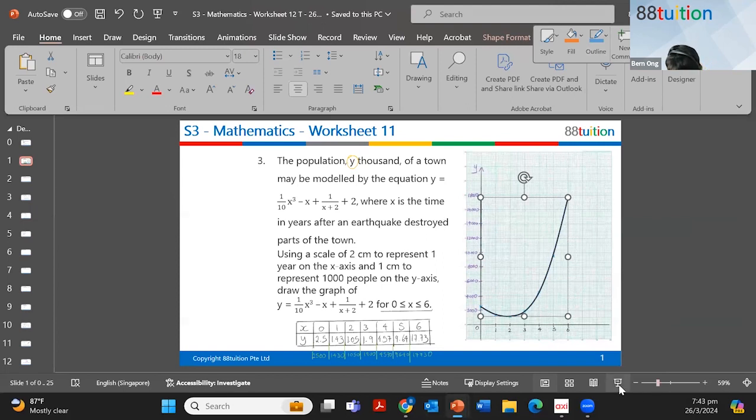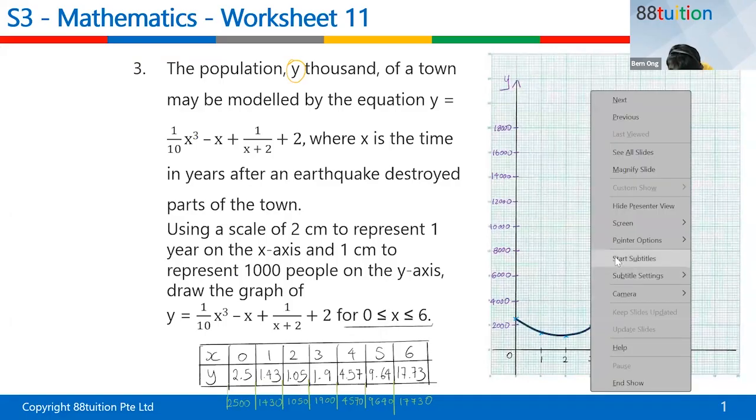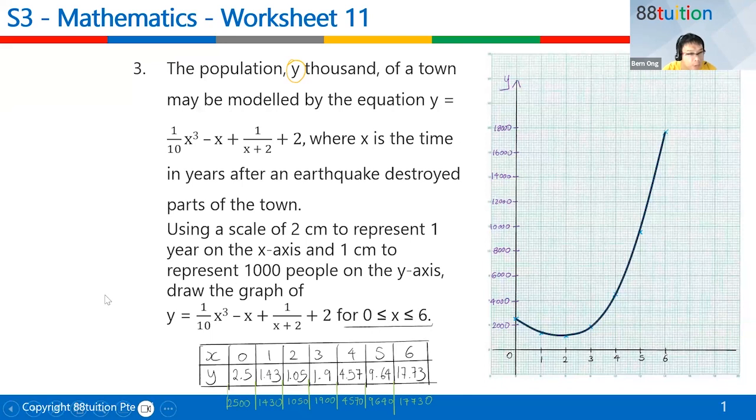Okay. So it's not too bad. Looks nice, looks okay, right? So this is the graph, and please remember to write the name of the graph, which is y equals 1/10 x cubed minus x plus something. Really disgusting, this equation itself.